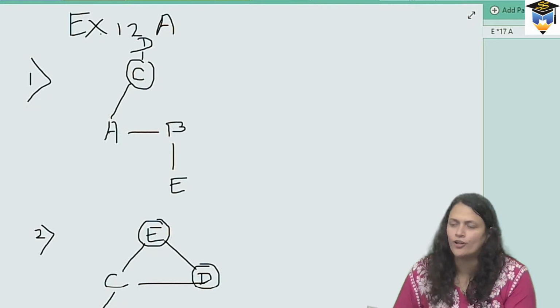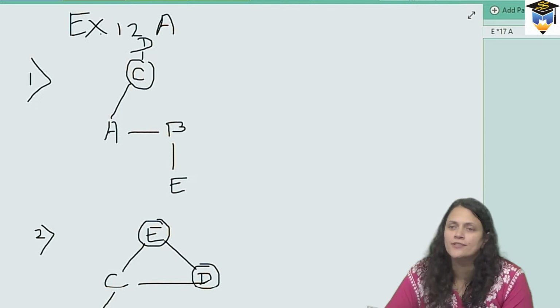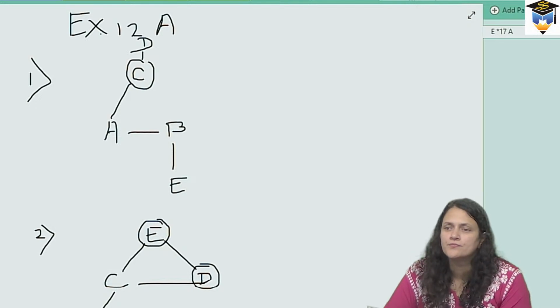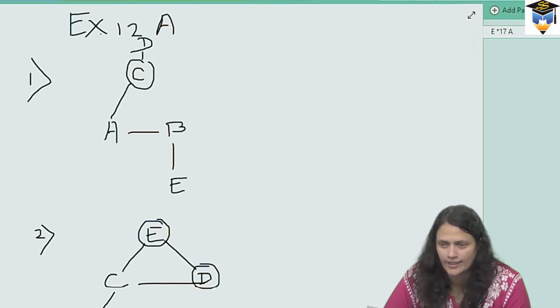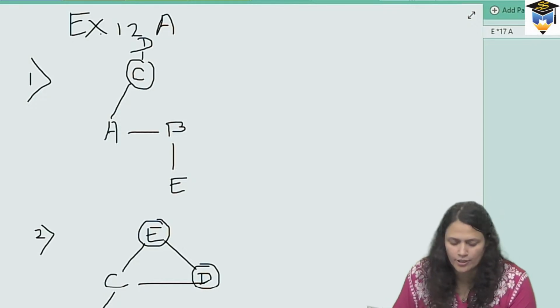B is the granddaughter of E. Option B. Not great grand, granddaughter. A is the correct option.